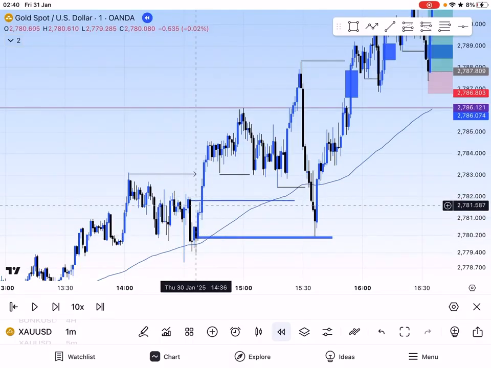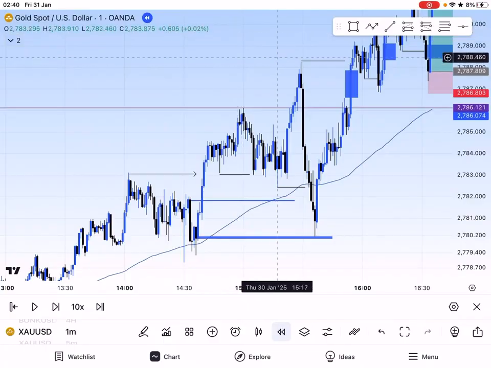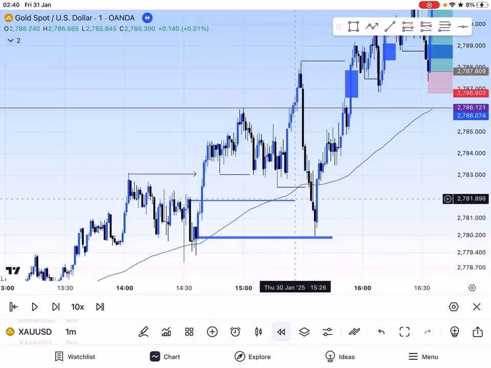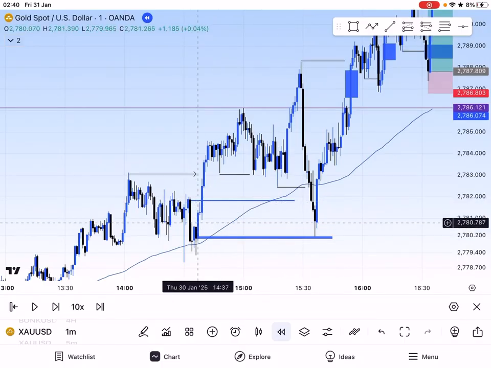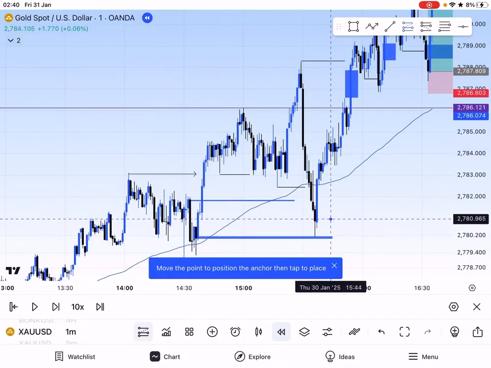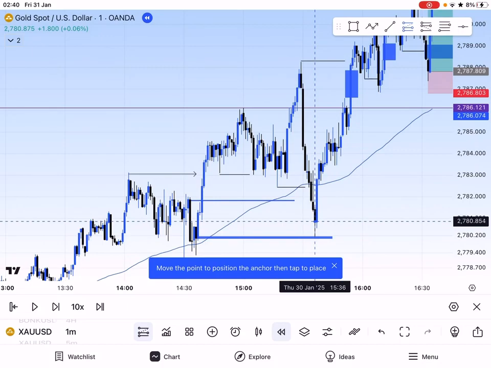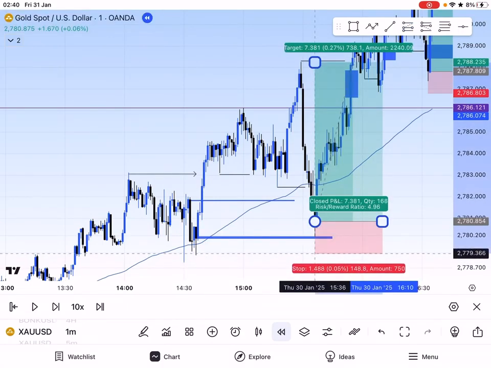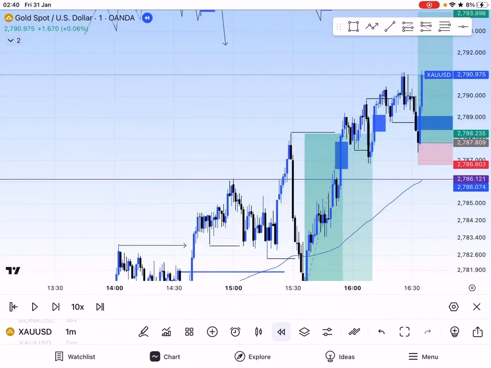I only use a breaker if the move has gone far and it just comes down, but not every time. And there was also imbalance here, so I would have preferred to use this. Based on my experience, the more you practice, the more experience you have. So I would have entered somewhere from here, put my stop loss, and it would have gone.